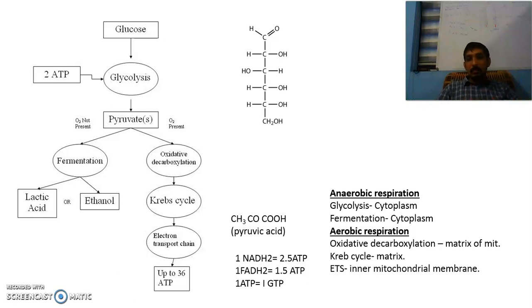And from this you can see, when we take the steps of cellular respiration, whether it may be aerobic or anaerobic, the first step of all types of cellular respiration is known as glycolysis or EMP pathway. So you can see the representation of this glycolysis.